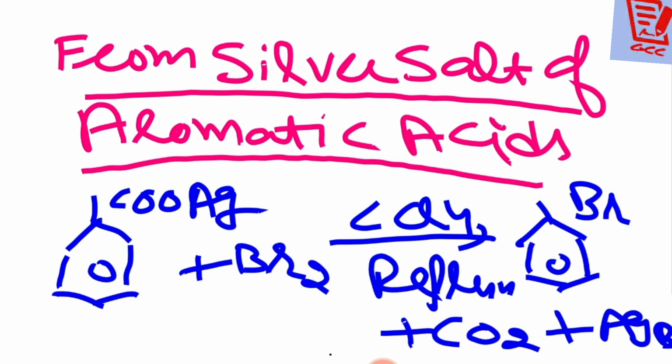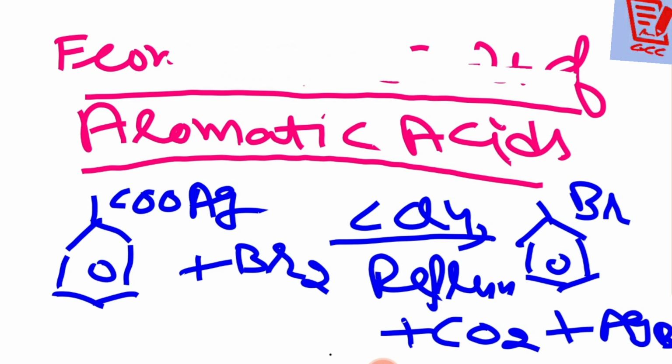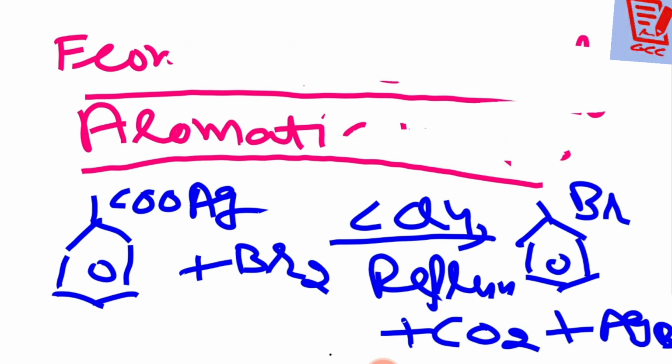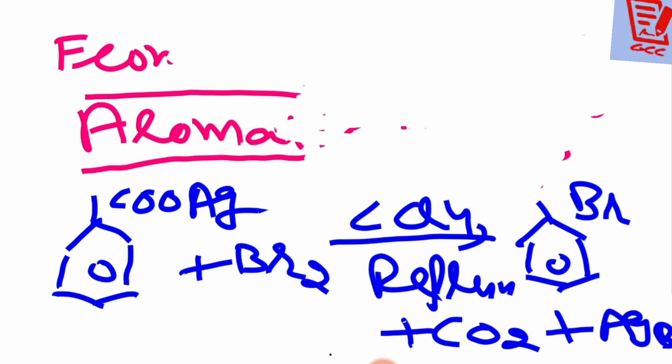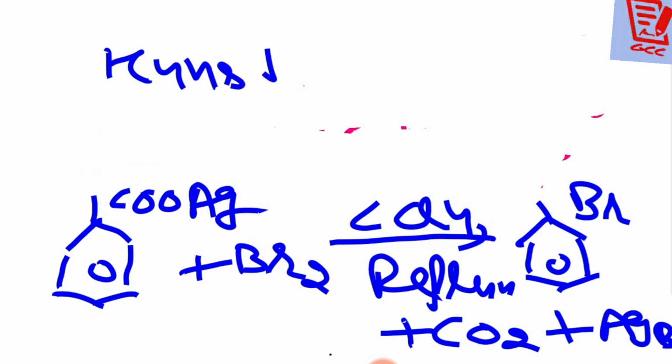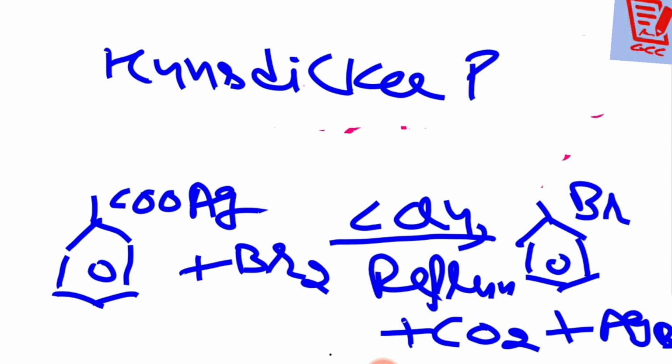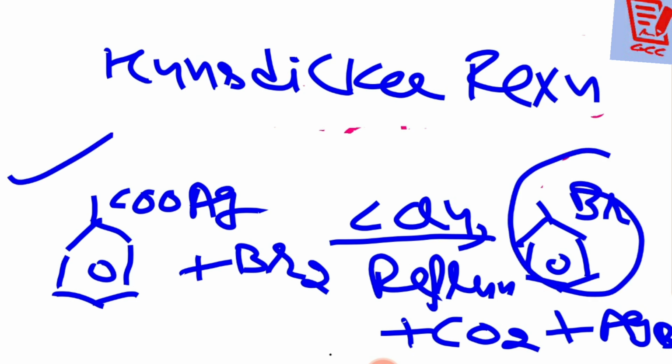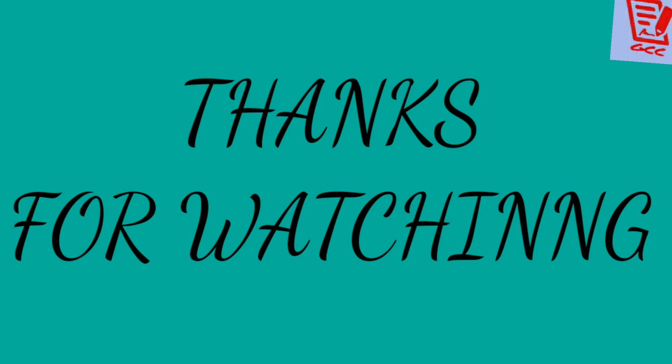It is the same name here also, but here they are calling it simply the Hunsdiecker reaction. If in the exam they ask you Borodin-Hunsdiecker reaction or Hunsdiecker reaction, you can write any one of them. But if they are specially asking you the Borodin-Hunsdiecker reaction for the preparation of haloarene, then you must write this one only. Clear? So student, with that we have completed the preparation of haloarene.